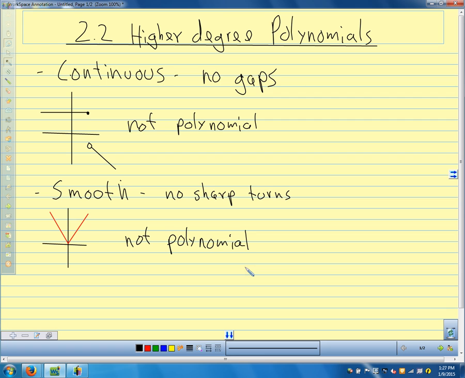So our polynomials are continuous and smooth. This idea of being smooth, we'll give it a more technical name when you're in calculus. But polynomials are nice. They behave nicely. That's one reason that we like them.